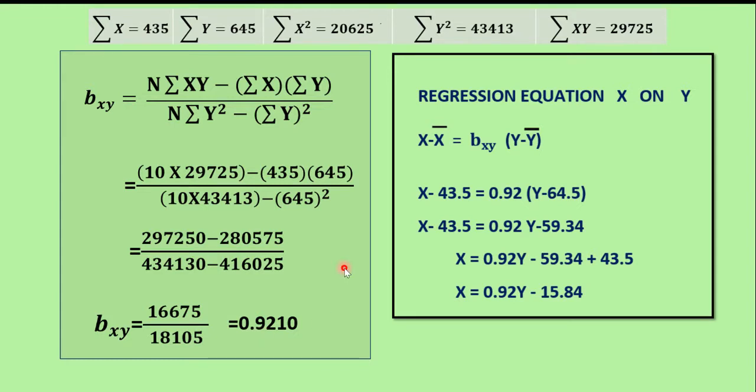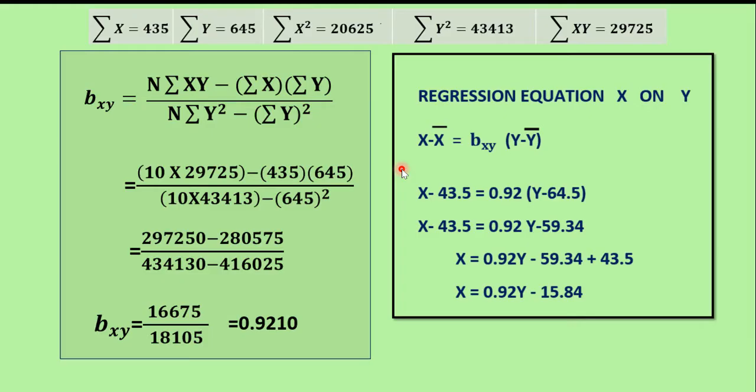So the question is, you find the regression equation of x on y. So what is the formula for that? X on y. So for you to easily remember, if it is x on y, you must have x. Okay. So x minus x bar is equal to, you have to start with the x.